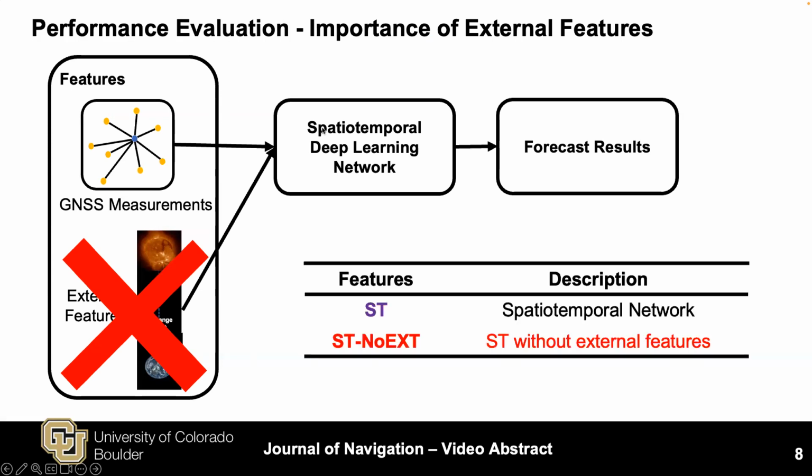Then 2 setups are compared against each other. ST in purple represents the best performed spatiotemporal network we have discussed in previous slides. ST no ext denotes the spatiotemporal model excluding the external features, and only GNSS measurements are input.